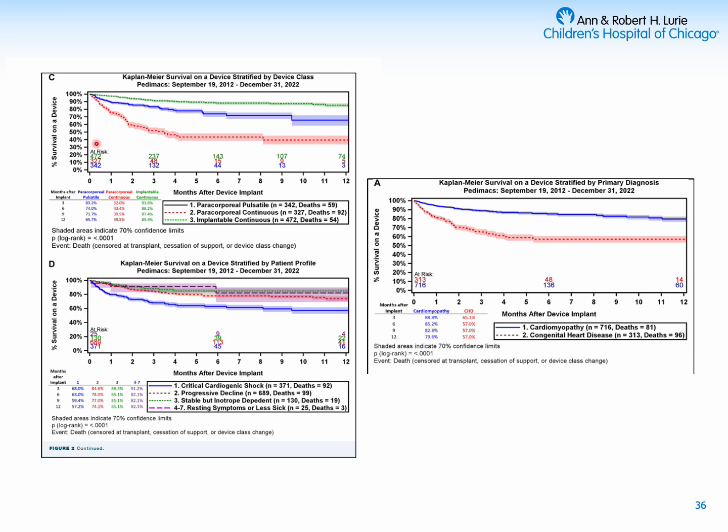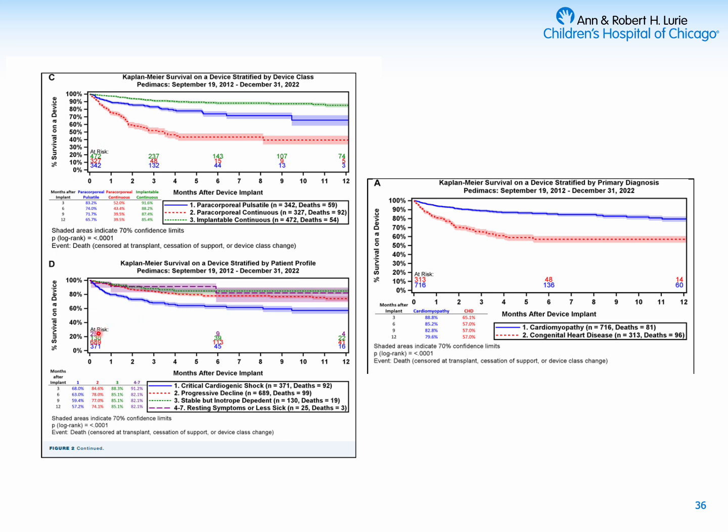It is looking at the different device types, and we know that the intracorporeal devices do better than the paracorporeal devices, and among the paracorporeal devices, patients who are on a paracorporeal pulsatile device like the Berlin heart tend to do better than those on continuous flow devices, although this is difficult to tease out a little bit because many times the sicker patients are put on a continuous flow device, so there may be some recipient factors that are influencing some of those outcomes as well.